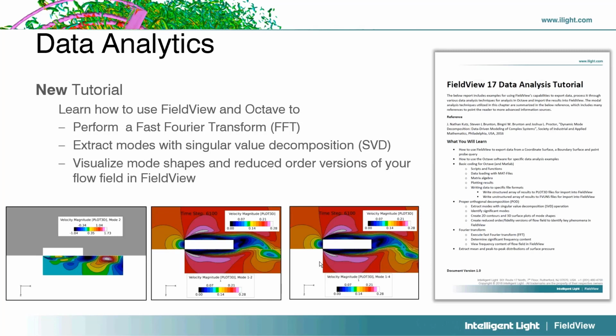It comes with a data set that applies to this. It comes with a lot of Octave example scripts, and it's a fully detailed operation. So a really nice tutorial. Let us know if you want to get access to it.